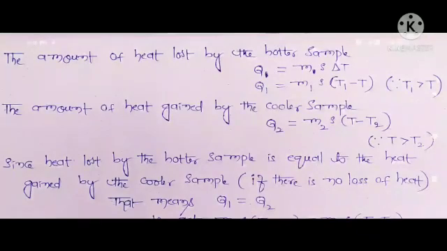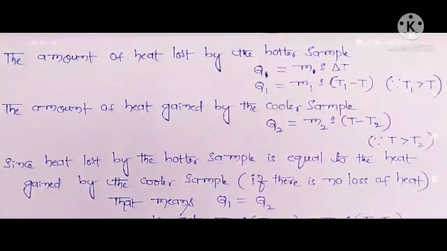Here T1 - T means the change in temperature, delta T. T1 is greater than T, meaning the initial temperature of the water is greater than the final temperature of the mixture, so we write T1 - T instead of delta T.